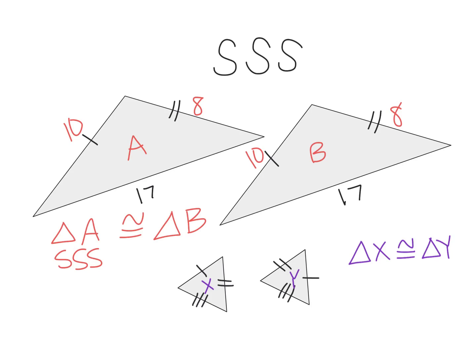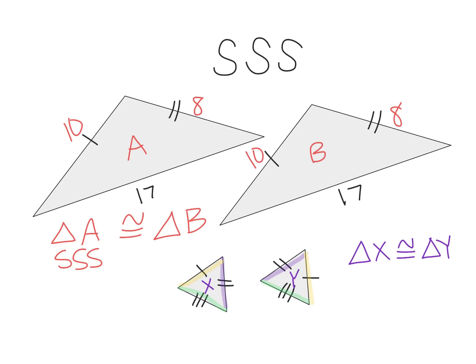Now, what I do want you to notice is that the position is different. For example, I'm going to match up the sides that correspond to each other. This has two tick marks. This has two tick marks. This side has one tick mark. This side has one tick mark. And then this last side has 3 tick marks. And the last side over here has 3 tick marks.